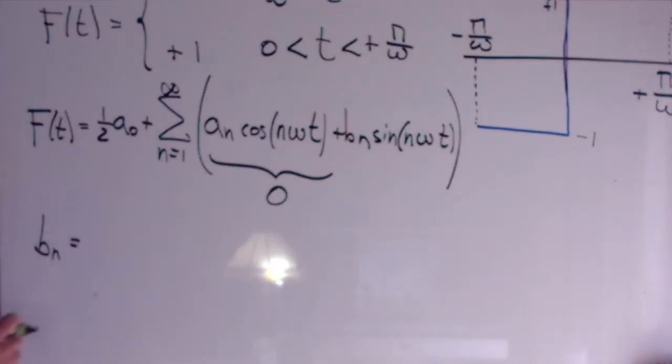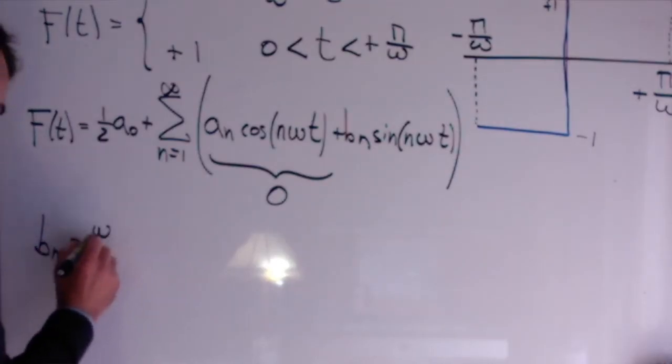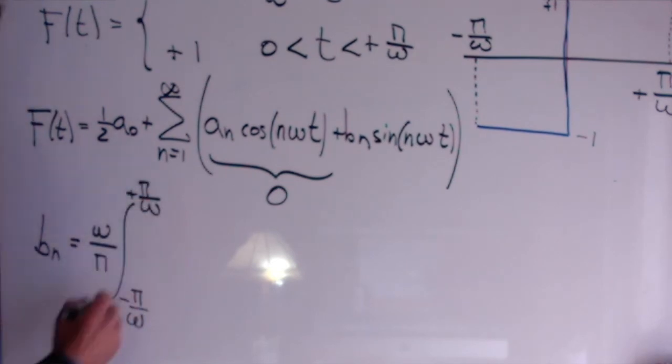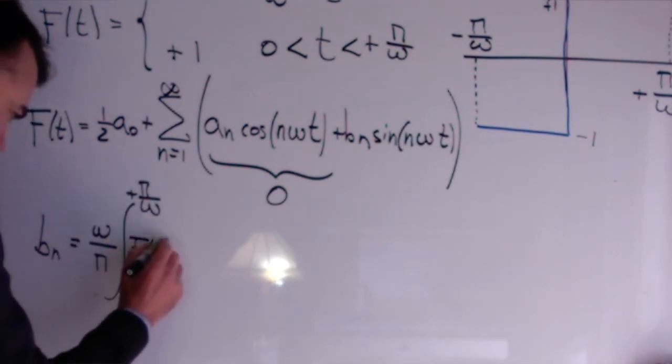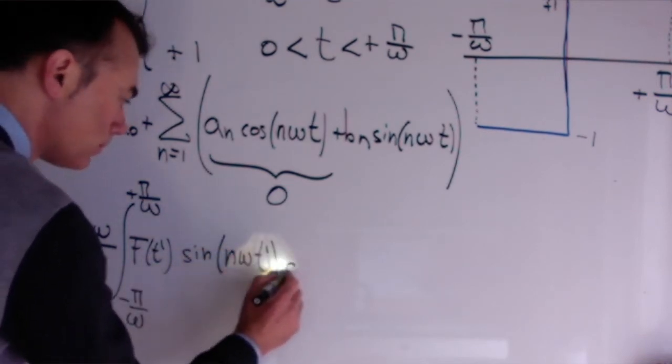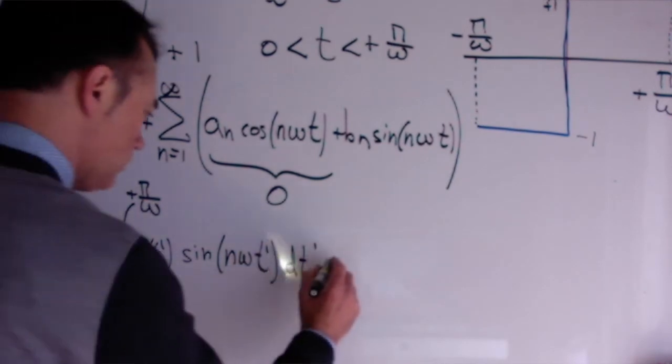And b sub n is omega over pi times the integral from negative pi over omega to positive pi over omega of f of t prime sine of n omega t prime dt prime. Let me integrate this.